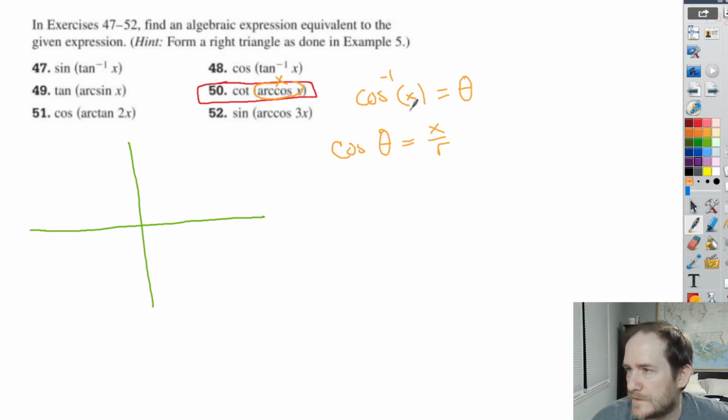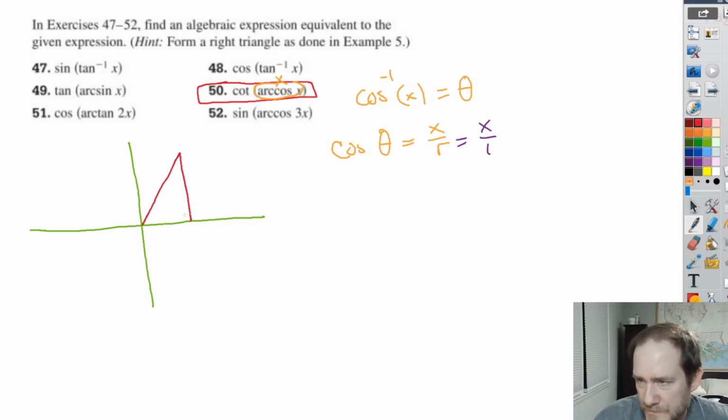And since it's x, I guess x is x and r is 1. So you go to draw that. Now cosine being x is positive, so you would draw a quadrant 1 angle. You're expecting cosine to be positive in quadrant 1. And we know that x is just literally x, and the radius is 1.